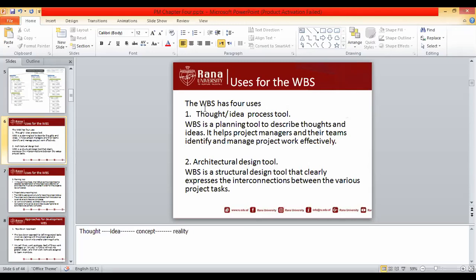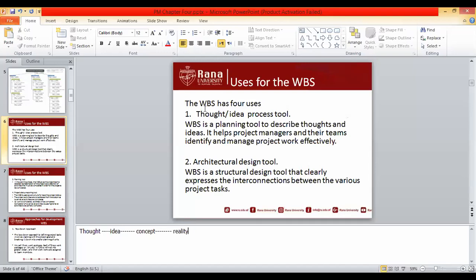And a time will come when these activities will be converted into tasks. So your concept, your idea is converted into a piece of paper, in which you will create the work breakdown structure.